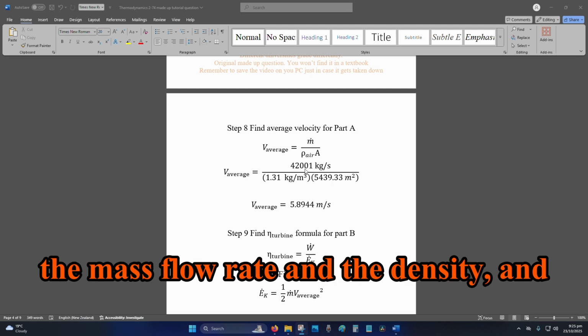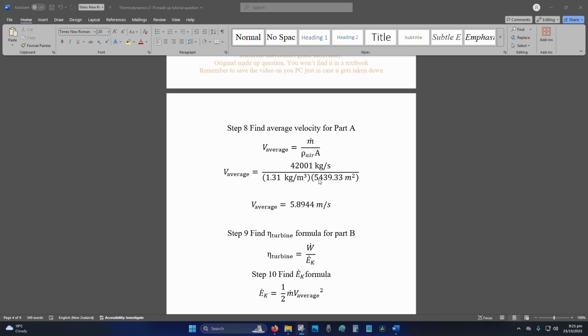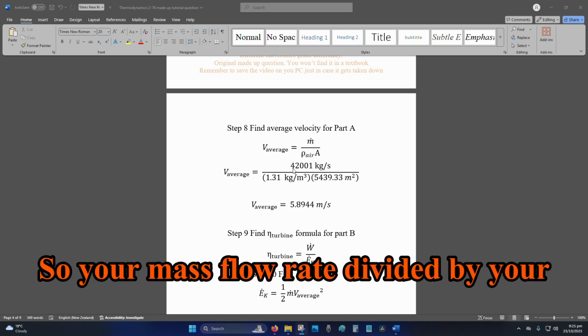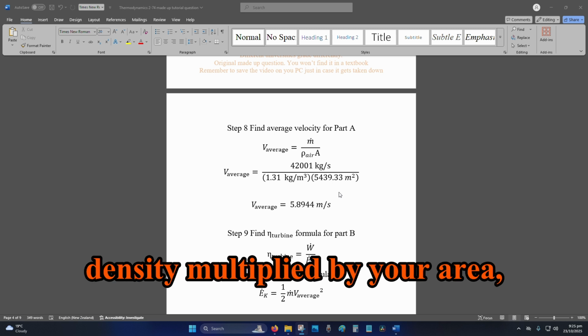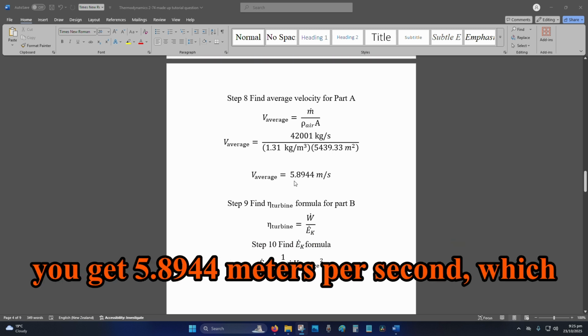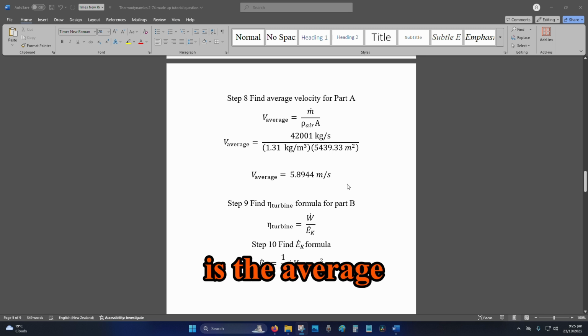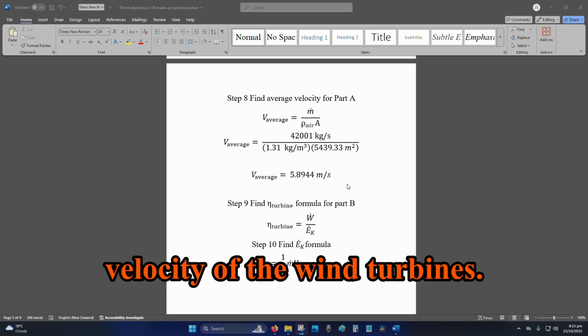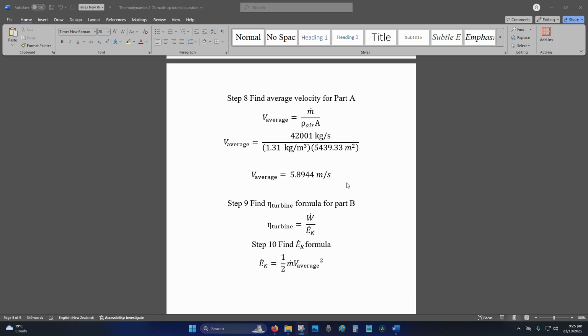They give us the mass flow rate and the density, and we just found the area. So your mass flow rate divided by your density multiplied by your area, you get 5.8944 meters per second, which is the average velocity of the wind turbines.